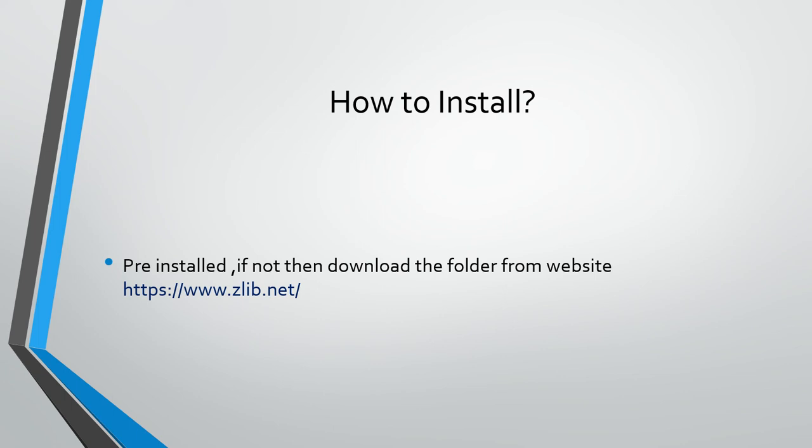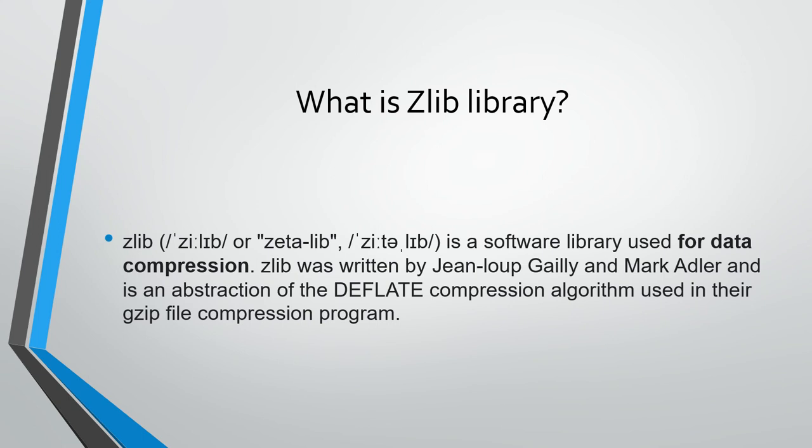Now let's move to the second part of this video. This is what the zlib library is. This is a software library used for data compression. That means, let's suppose you have a string. It could be a string in a text file, or whatever data you want to compress and protect, then we use this library.